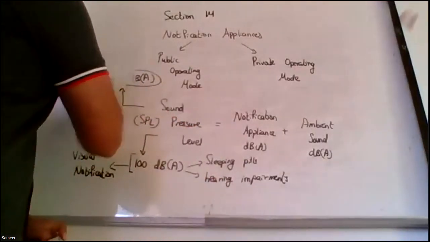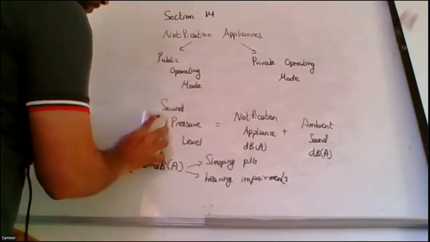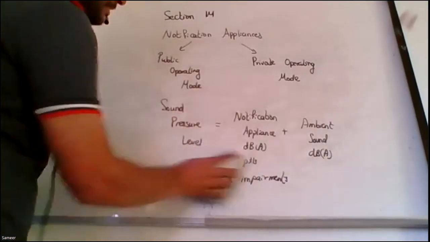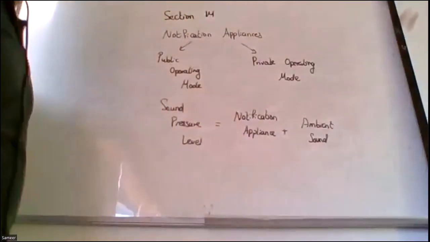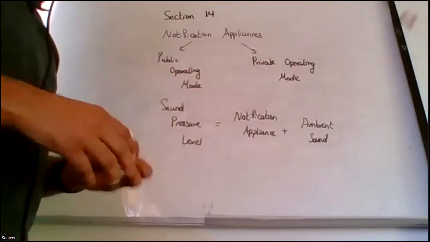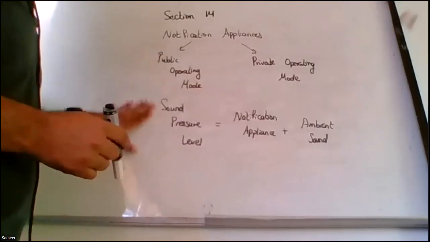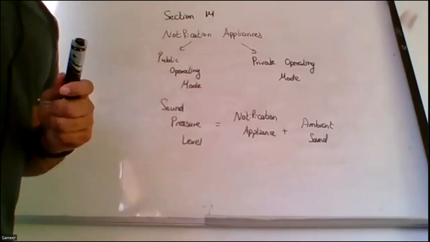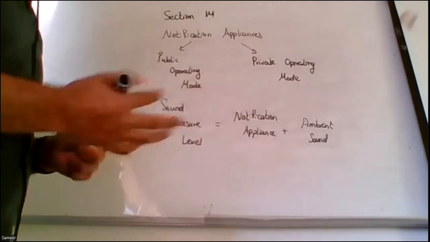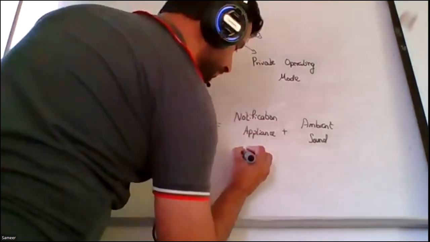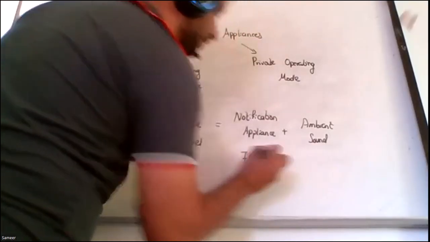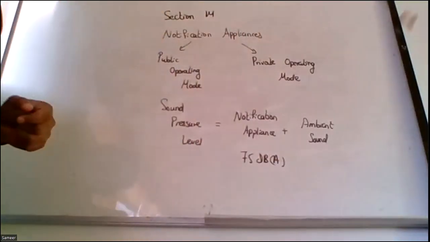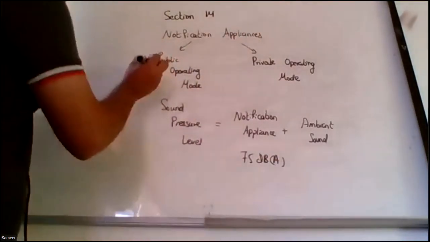Okay, so the public operating mode and the private operating mode. Let's see what the requirements are. First we'll discuss the public operating mode. The notification appliance we know already should be 75 dBA, right? But the requirement comes with the ambient sound. NFPA 72 says you have two options.